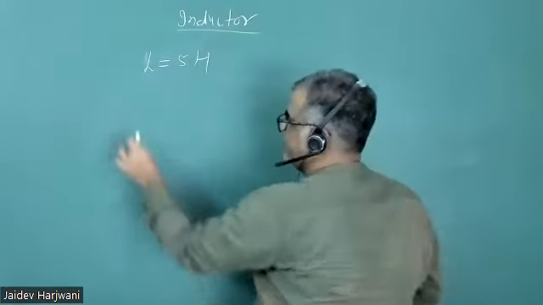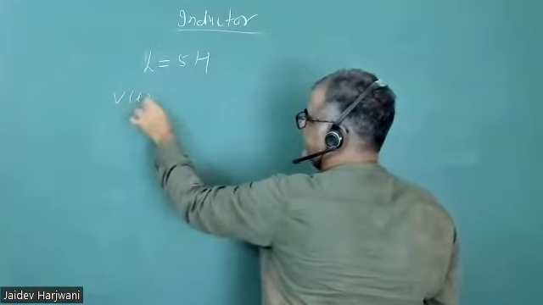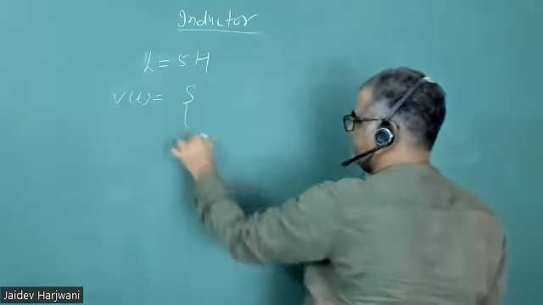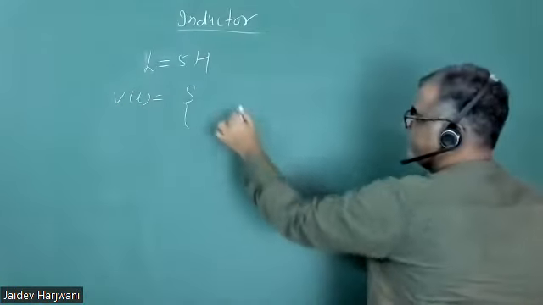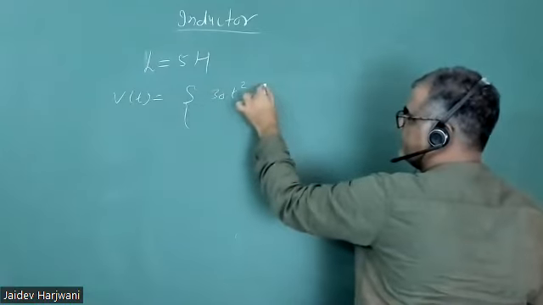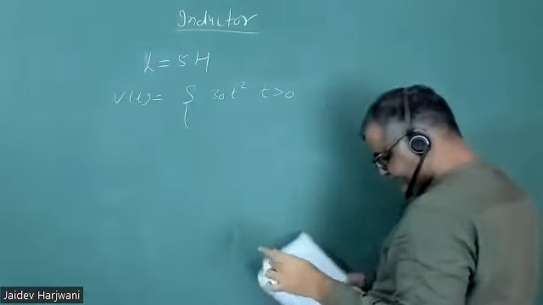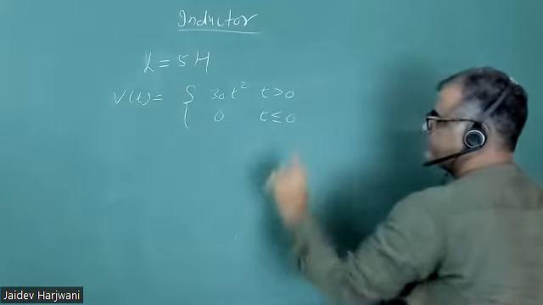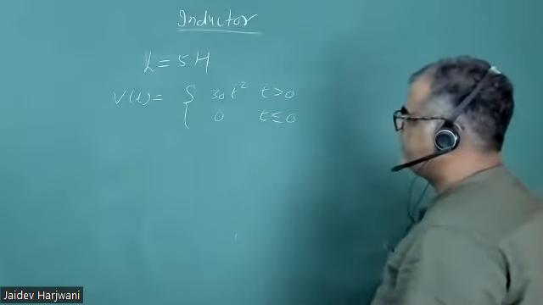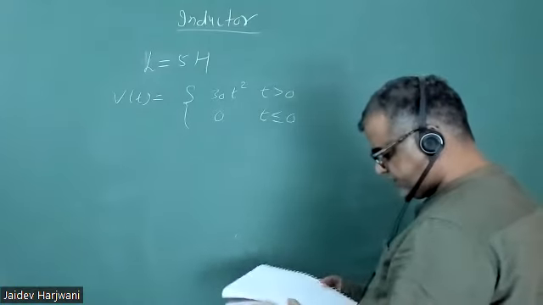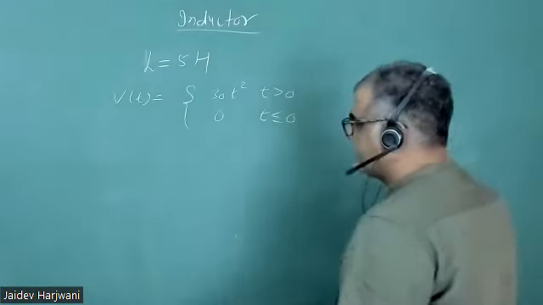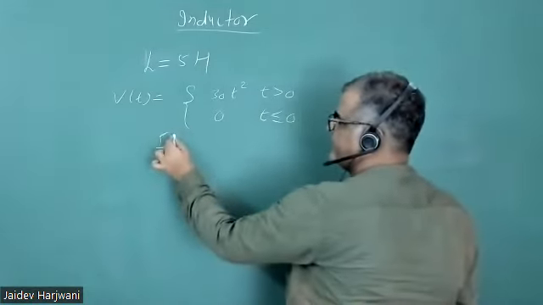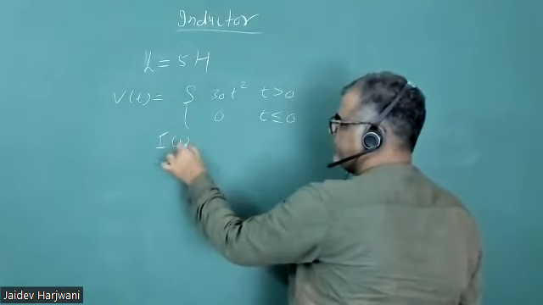Okay, and I'm applying a V(t). So V(t) is 30 t square for t greater than 0, and it is 0 for t less than or equal to 0. Now I want to find the current in the inductor as a function of time.